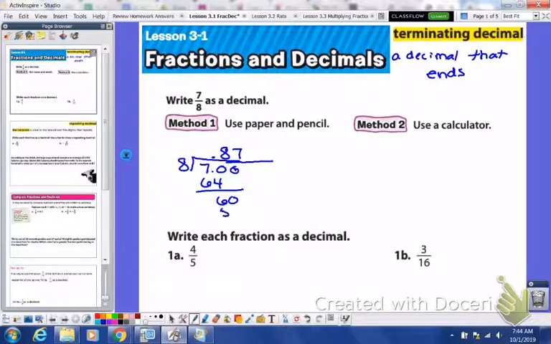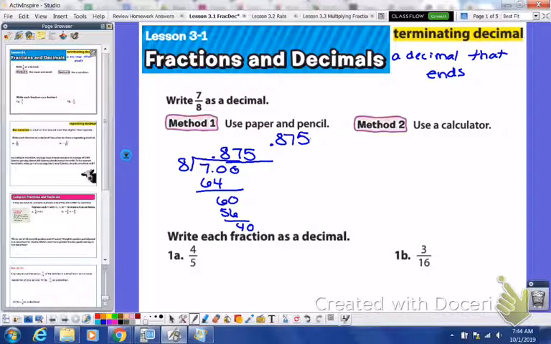So then 56. Remainder of 4. Bring down another 0. And 5. So by doing it paper and pencil way, we see that 7/8 as a decimal would be 0.875 or 875 thousandths.